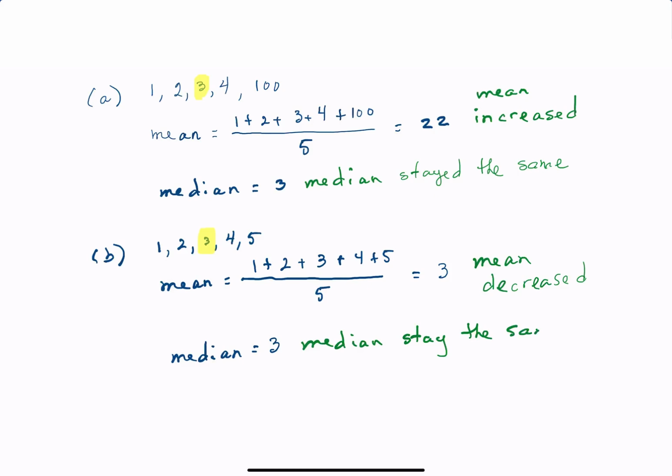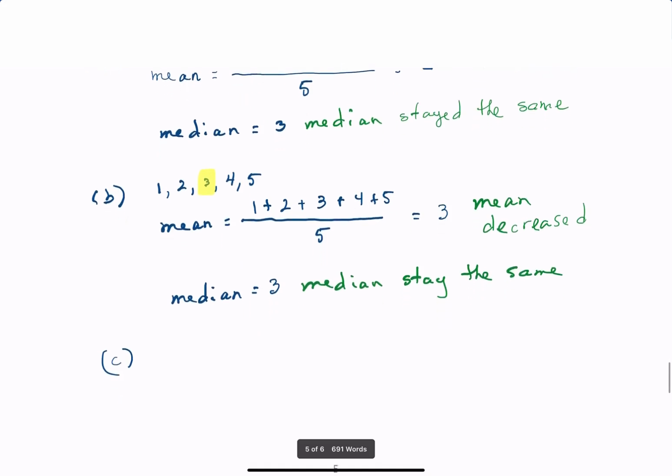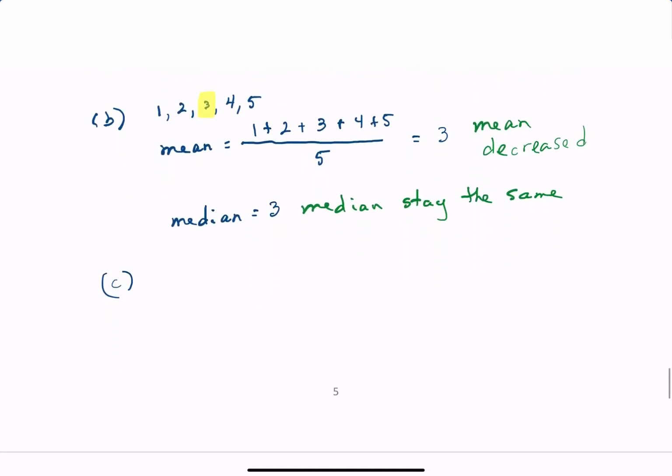In part C of the problem, we're asked to consider what would happen if that highest data value of 10 from the original set was decreased to a number less than the original median of 3. So let's say that 10 decreased to a 2, so it's now less than the original median.